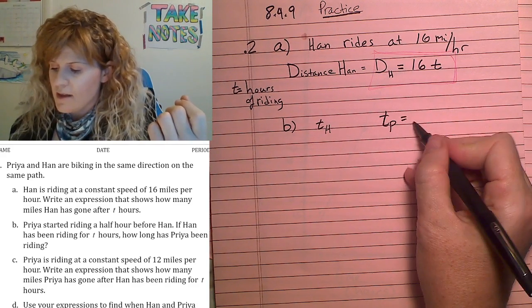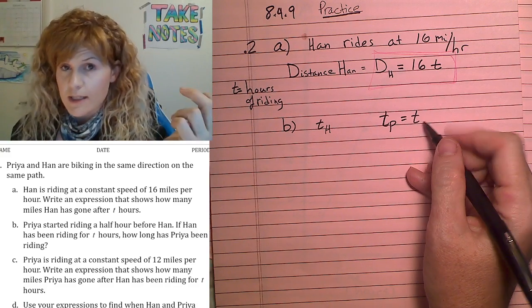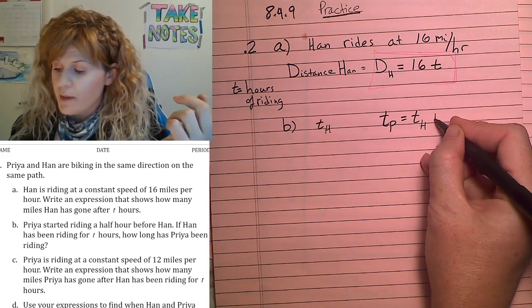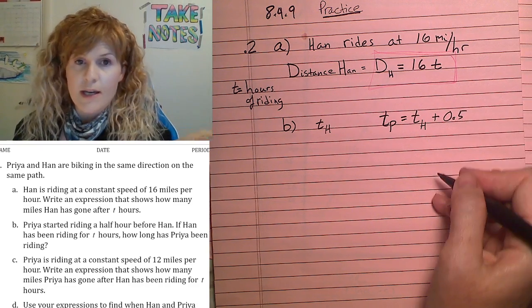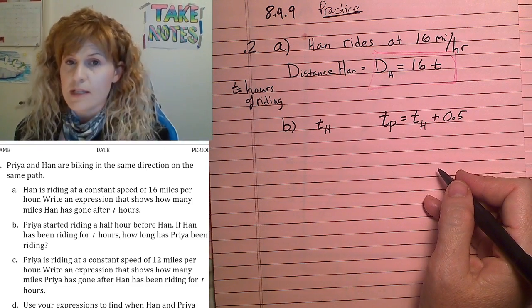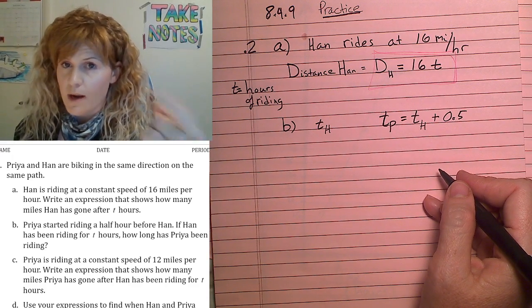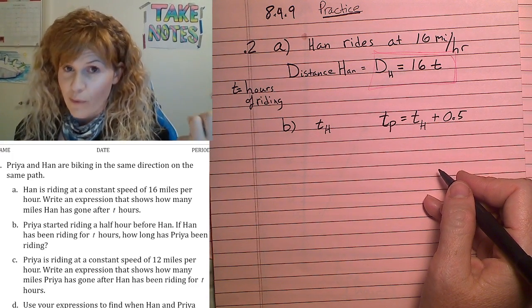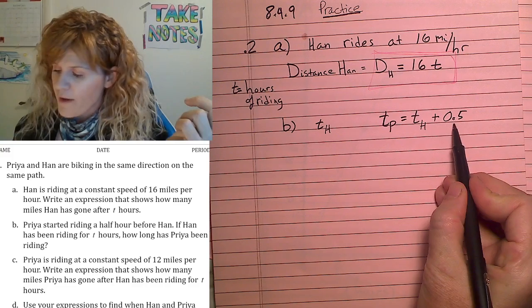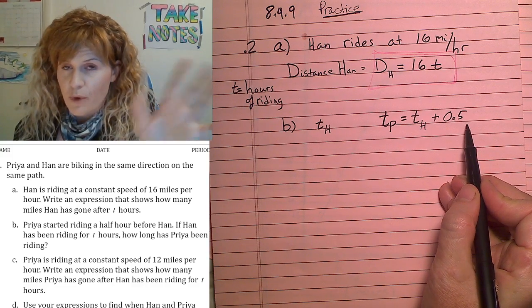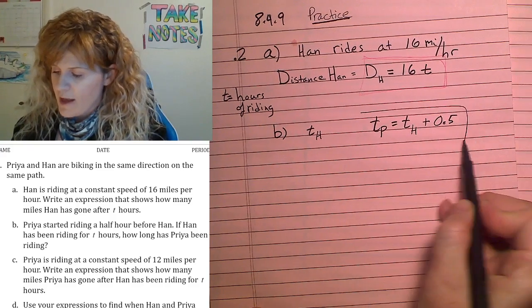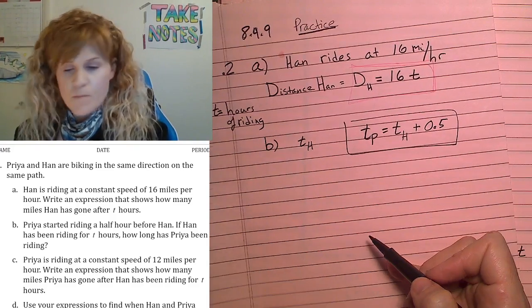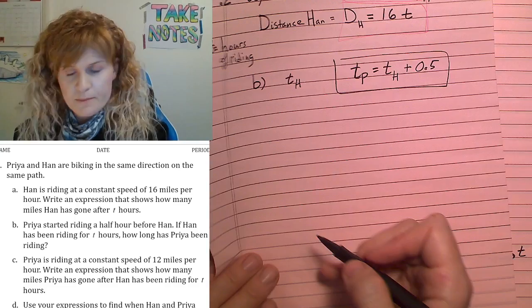That is equal to however long Han has been riding plus 0.5 because she got up half an hour earlier. Whatever his time is, she's already been riding for 30 minutes more, half an hour. So 0.5 hours. Okay, here it is. Here's my answer for B. Let's keep going.